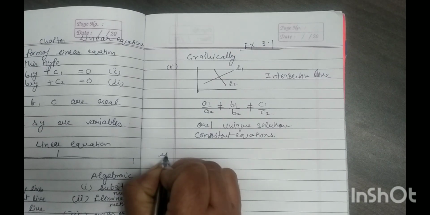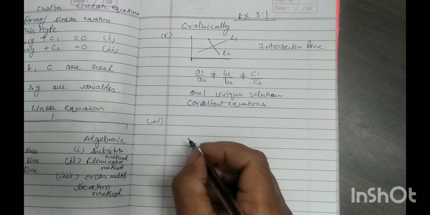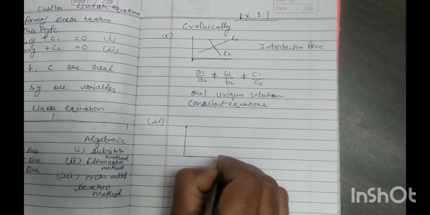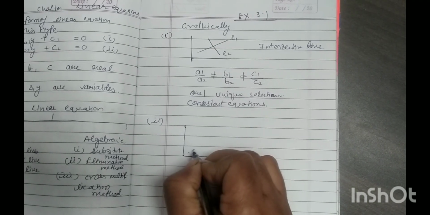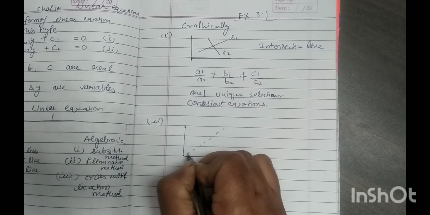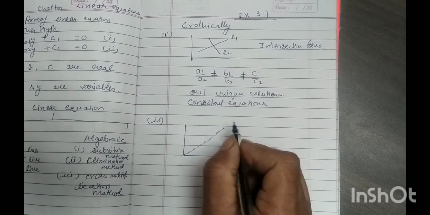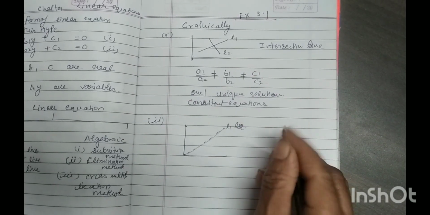Clear? Second is coincident line. When two lines coincide, that is, one line and the second lies on the other, this line is a coincident line.